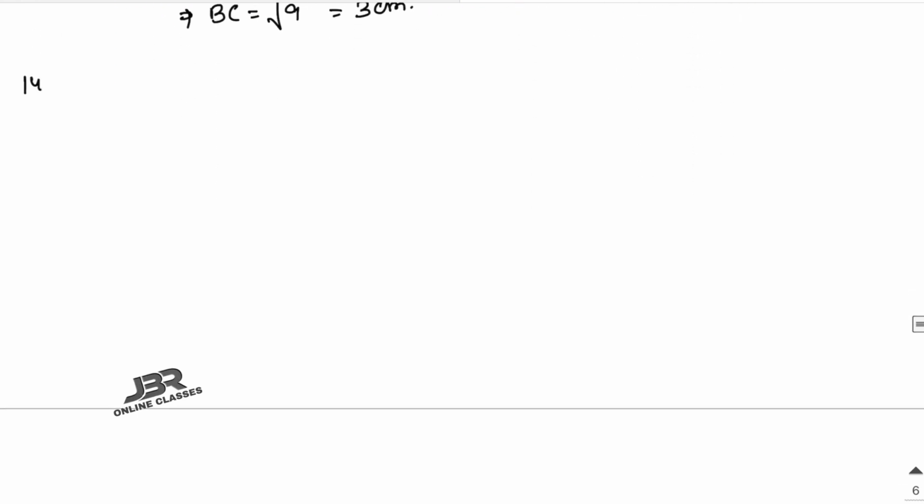In sum number 14, the length of the common chord of two intersecting circles is 30 centimeter. Suppose this one is the first circle and this one is the second one.